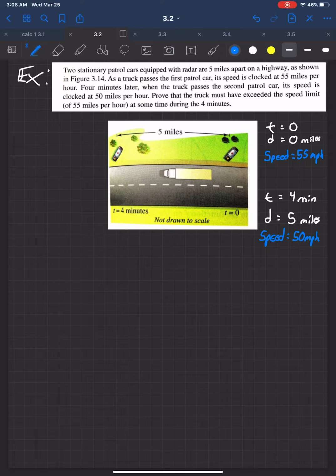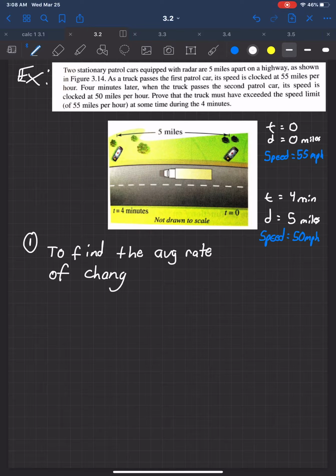So our first step here is going to be to find the average rate of change. All right, no calculus needed. The average rate of change, that's the rise over the run formula that you've been using probably since middle school.